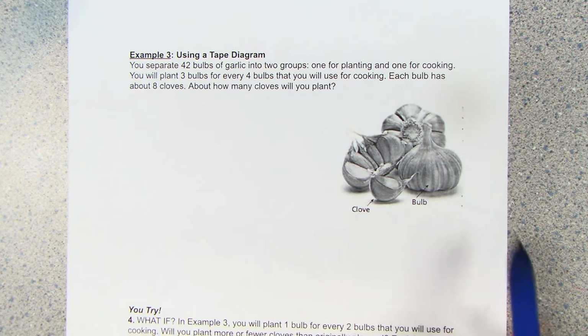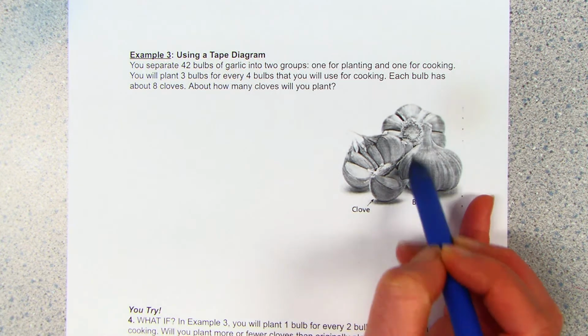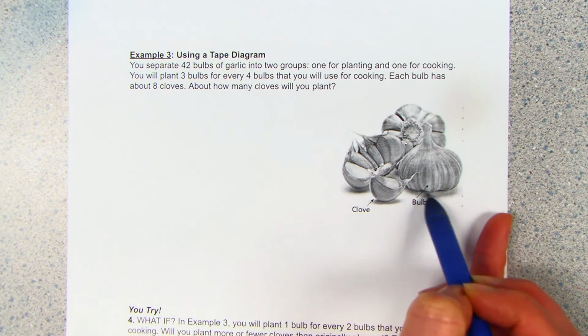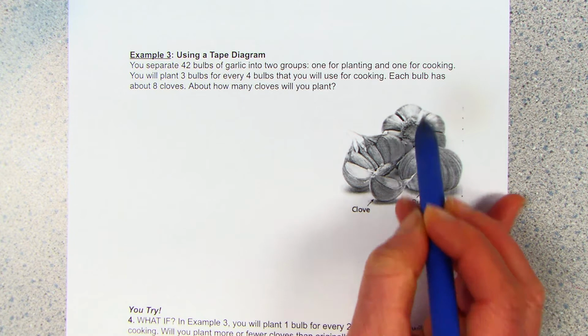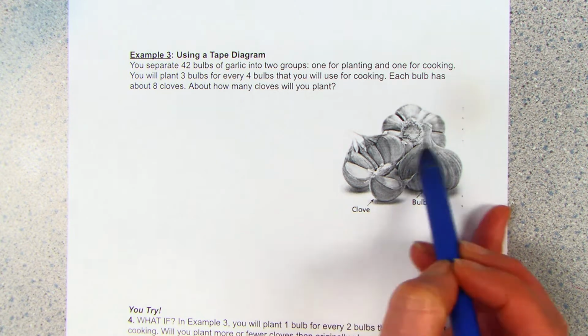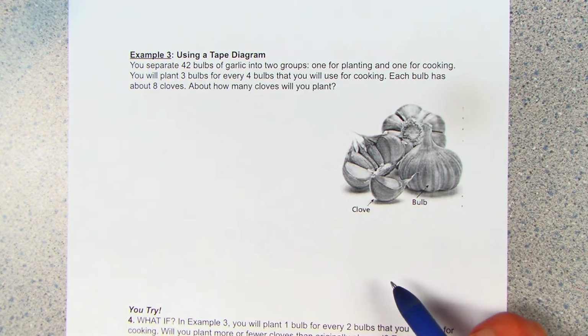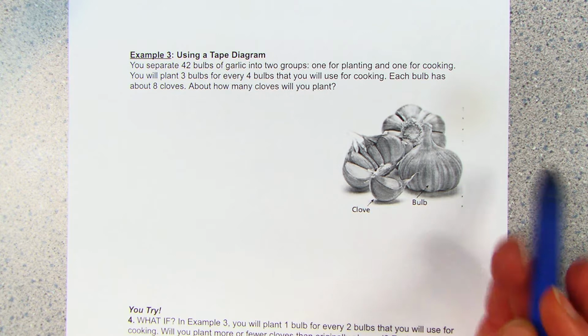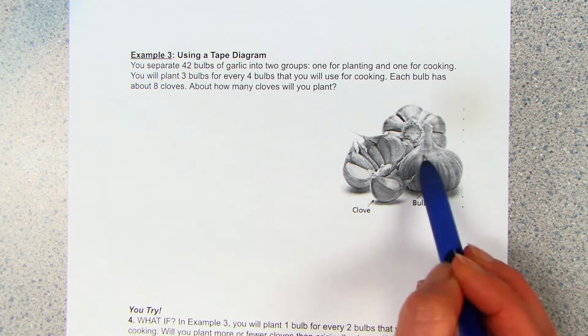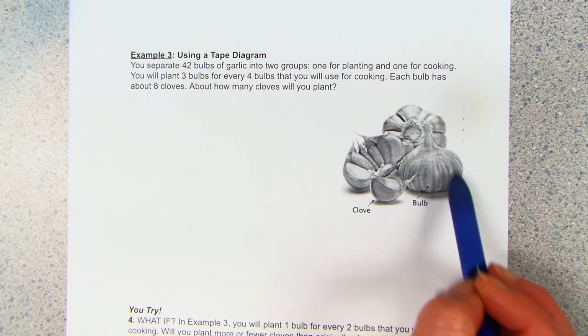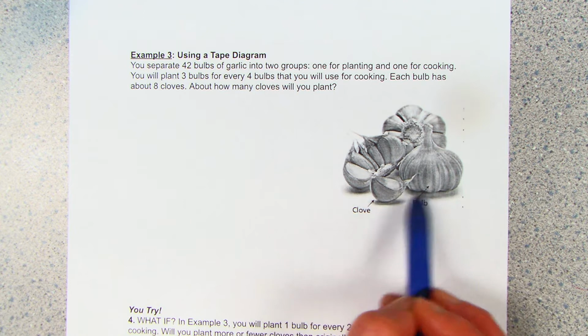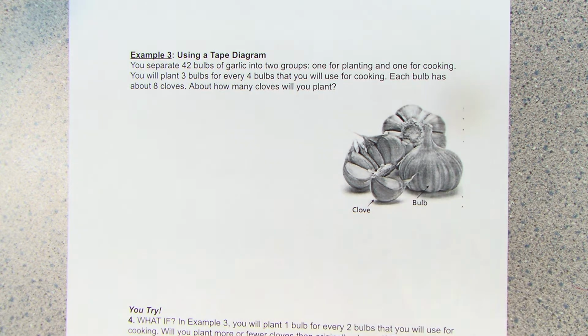If you cook with garlic at your house, you know that it grows. It's like an onion. It's got a little root down here that grows, and then this comes up, and it's the green part. In the spring, it's a little tiny thing of garlic that looks almost like a green onion or a scallion. Then as the season goes on, it gets papery on the outside, and each of the little parts inside divides up and makes cloves.